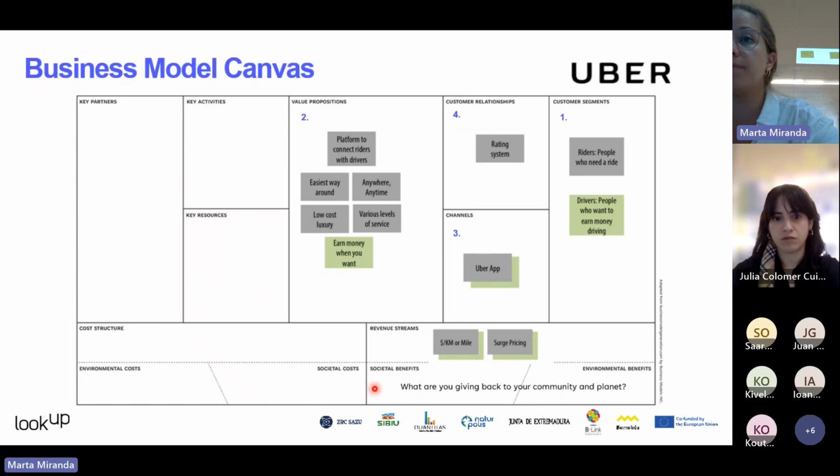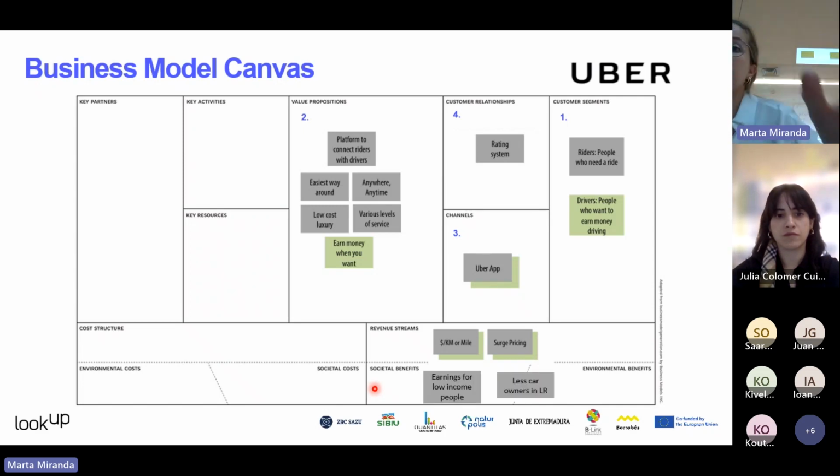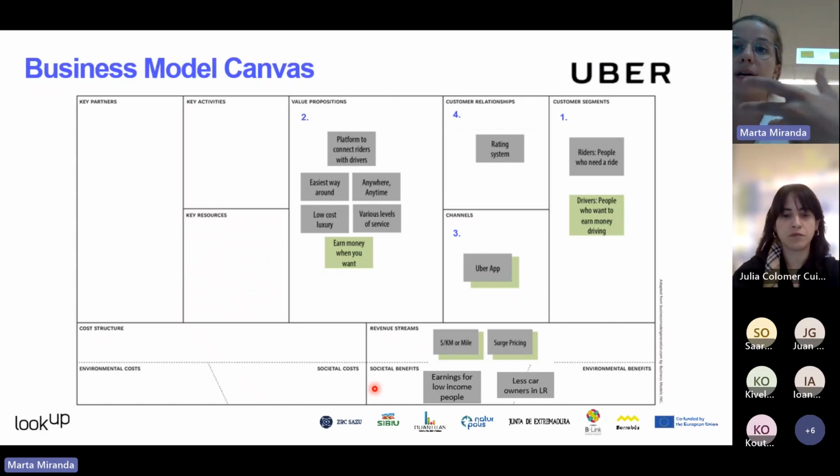In the case of Uber, they are earning thanks to the length of the trips and also because of surge pricing. What are they giving back to society? On one side, they are giving the opportunity to drivers, who are normally people with low income, to earn money.